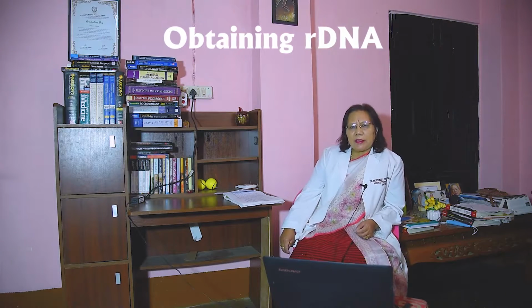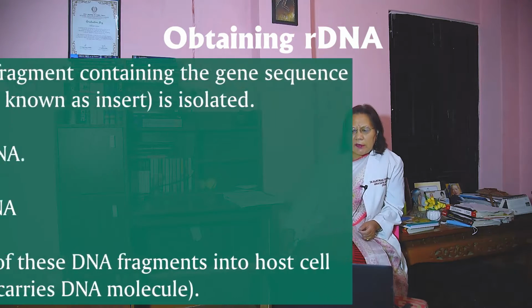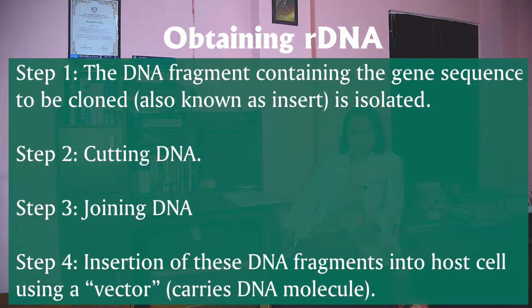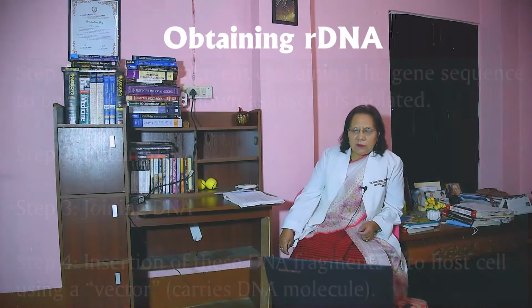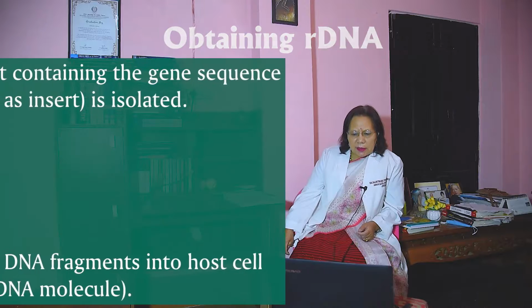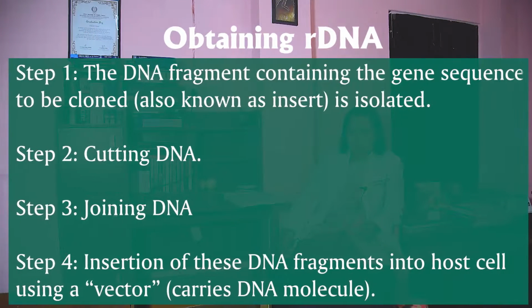So how do we obtain this recombinant DNA? What are the different steps? Step 1, the DNA fragment containing the gene sequence to be cloned, also known as the insert, is isolated first. In the second step, cutting of the DNA. In the third step, joining the DNA. Fourth step, the insertion of these DNA fragments into the host cell using a vector which carries the DNA molecule.